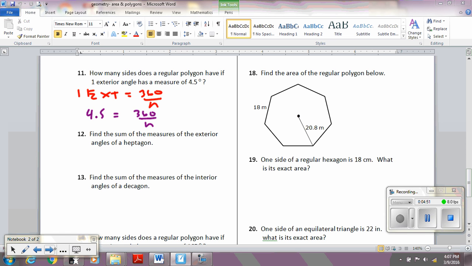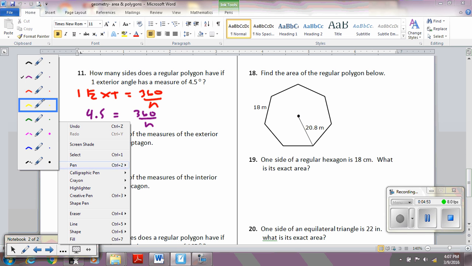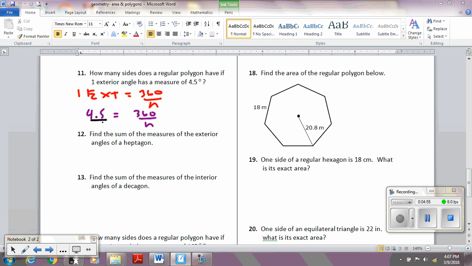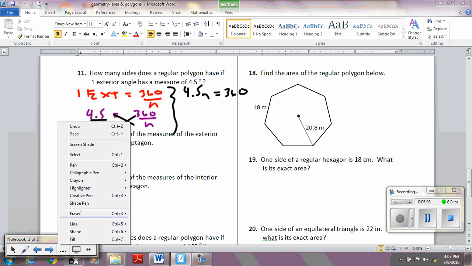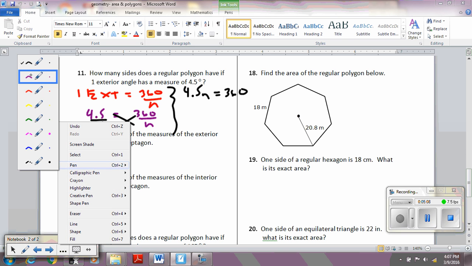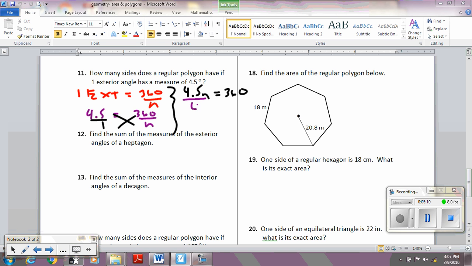I would put 4.5 over 1 and cross multiply. When you cross multiply, you get 4.5n is equal to 360. And then we divide both sides by 4.5 to get n by itself.